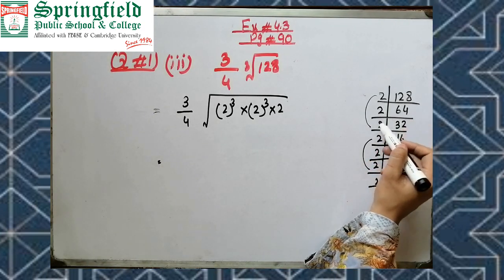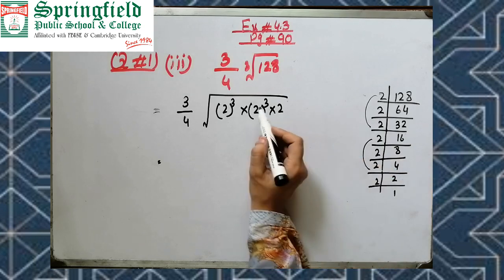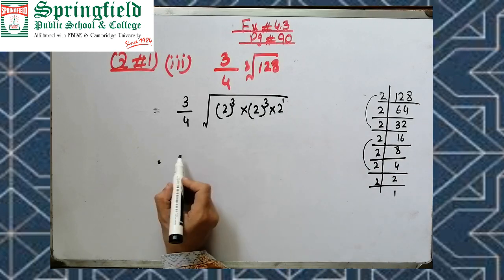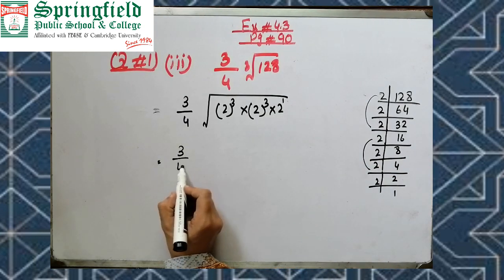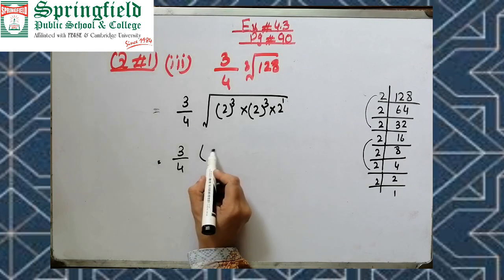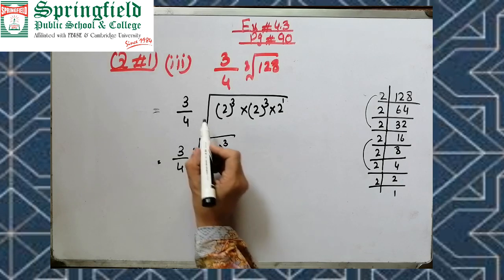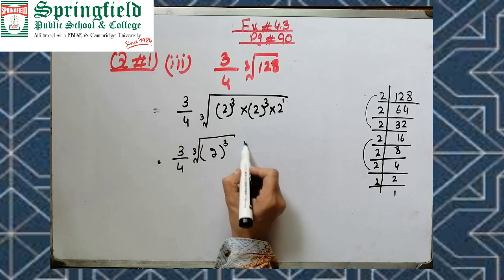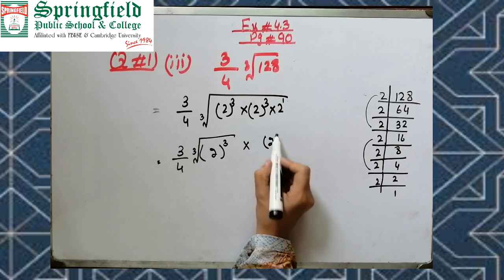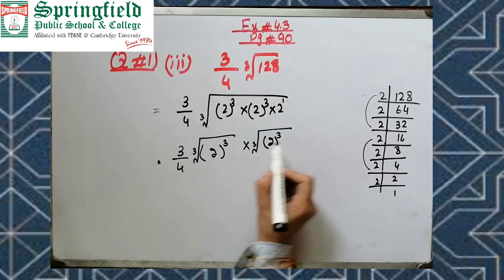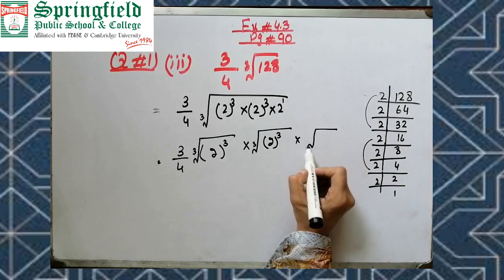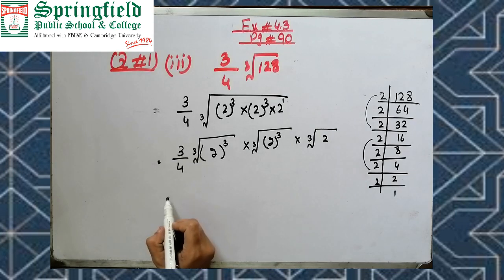So 3 cubes, and 1 left. Fine. So 3/4 and it can be written separately: 2 cube multiply 2.